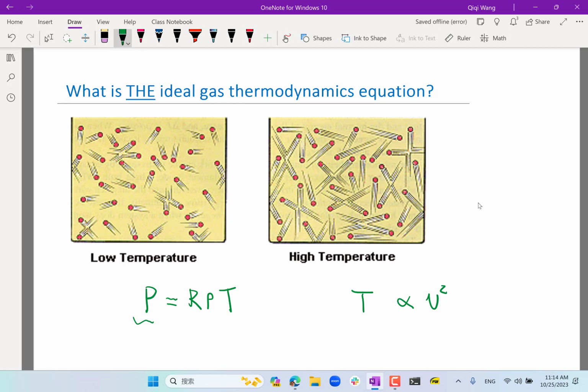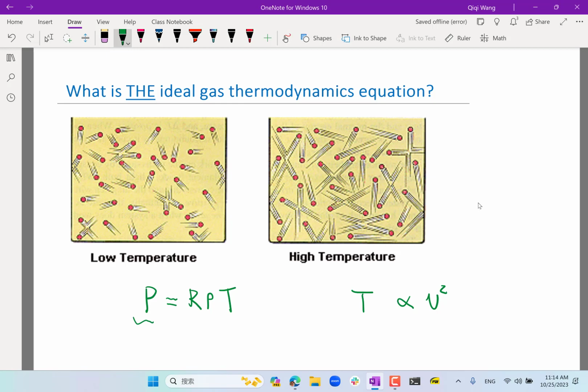And why is P proportional to temperature, and particularly to velocity squared? That's because if you increase the random velocity of the molecules, two things happen. One is that if the velocity doubles, then on average there are double the number of molecules hitting the wall per unit time, because they are moving faster.